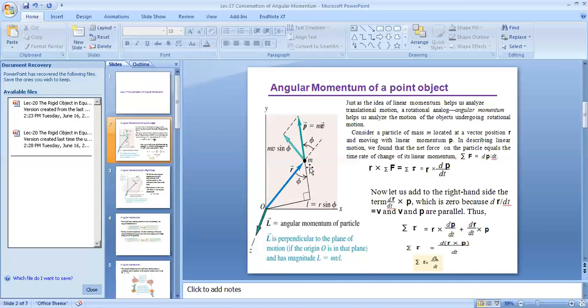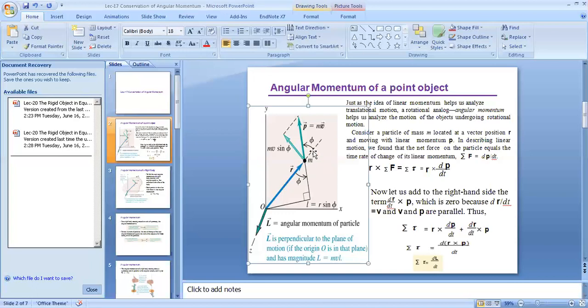How the direction of angular momentum L can be found out: by taking the cross product of two vectors r and p. As we know that this is an r vector, its equal vector may be drawn over here, and this will be the common point at which the tails of both the vectors r and p are joining.